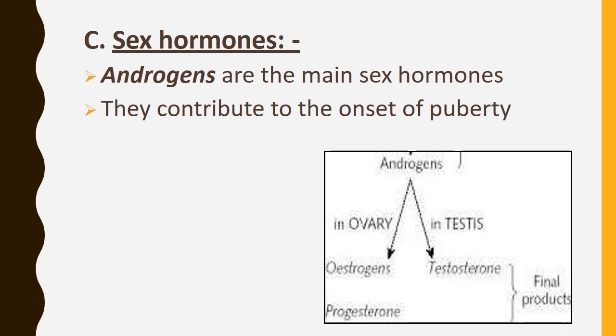They also contribute to the onset of puberty. They are important in both male and female. In females there are the ovaries producing estrogen and progesterone, while in males the testes produce testosterone.